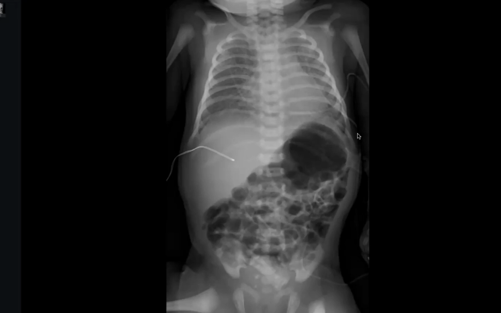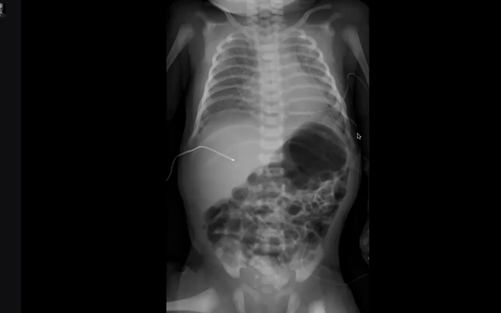Okay. So respiratory distress syndrome is one of the possibilities. However, if the baby is post-term, I can see that there are some linear streaks.